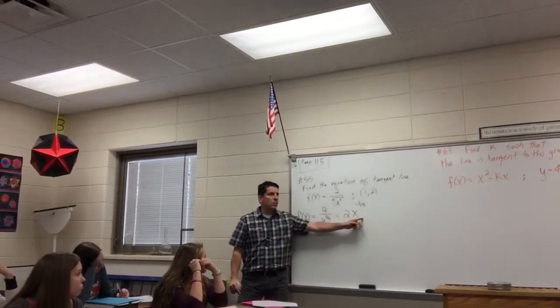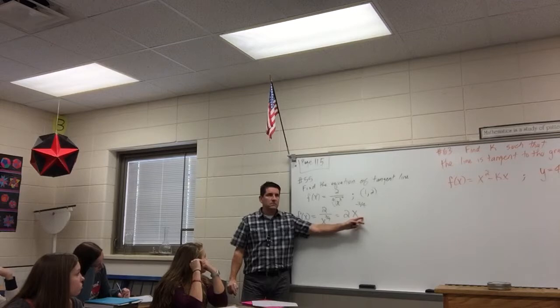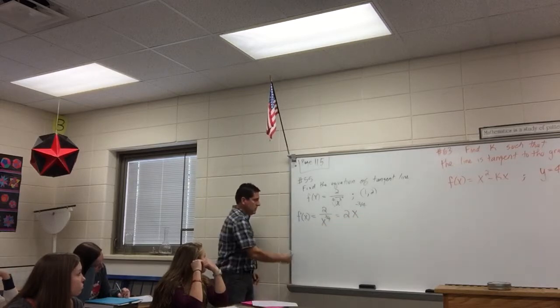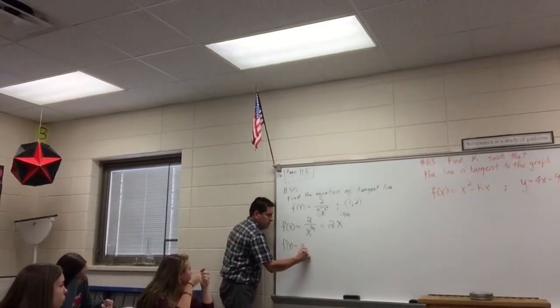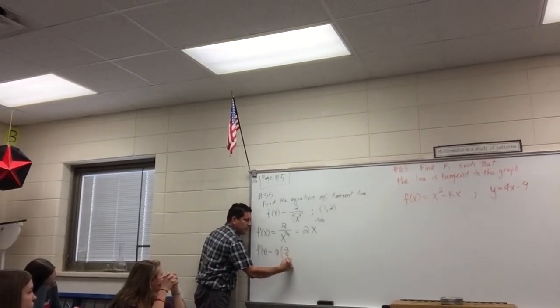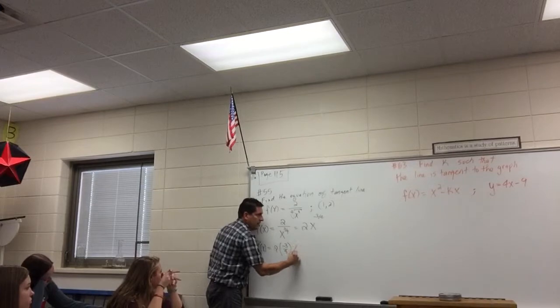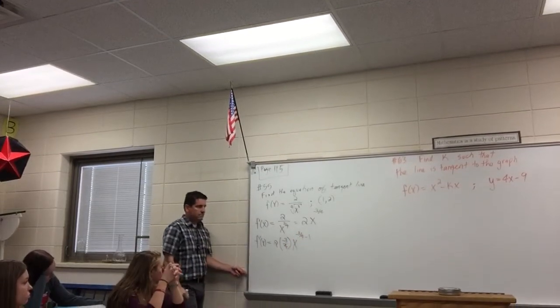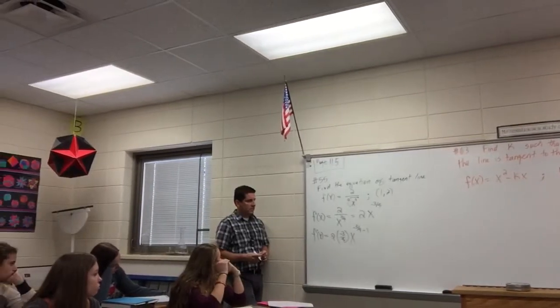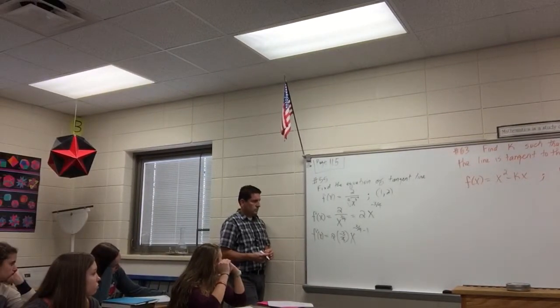Now this fits the mold of the power rule. So just apply the power rule. So f prime of x is equal to 2 times negative 3/4 times x to the negative 3/4 minus 1. I always like writing that out just because I make mistakes on that.